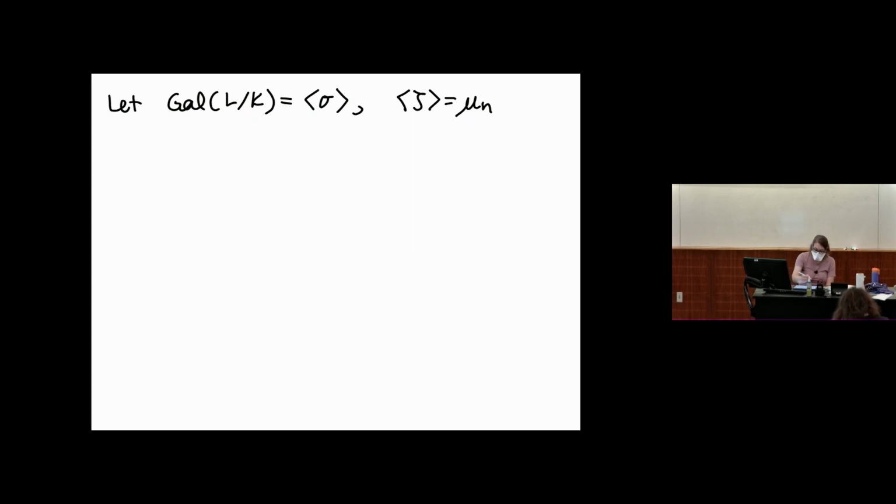Remember that I'm assuming the roots of unity are in K, so this zeta is in K. So the norm of this zeta from L down to K: when I act on it by Galois, I only get zeta back, and this Galois group has order n, so I get zeta to the n, which is 1.